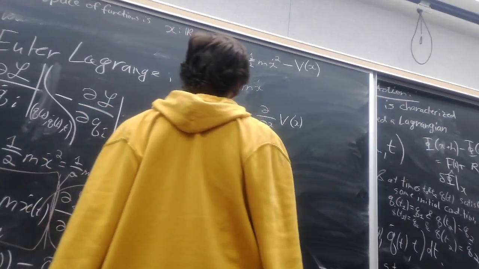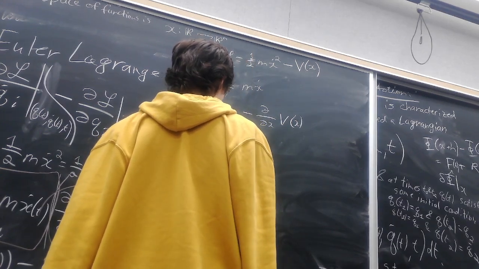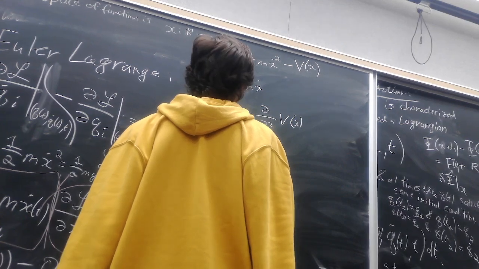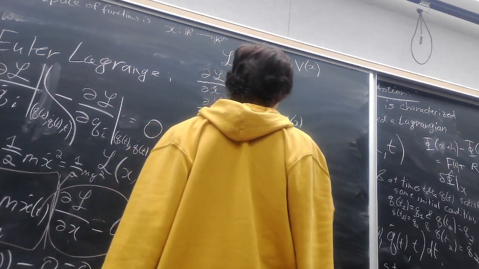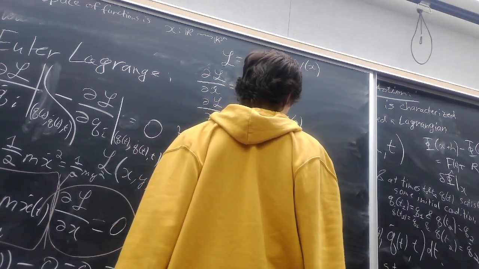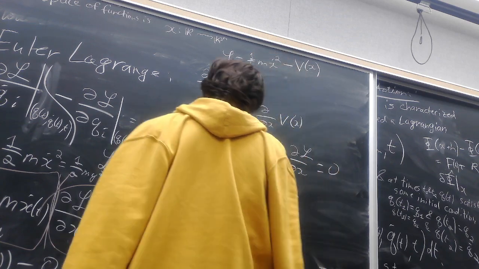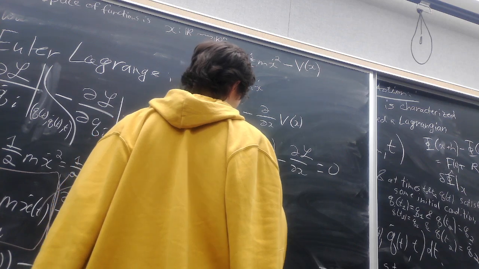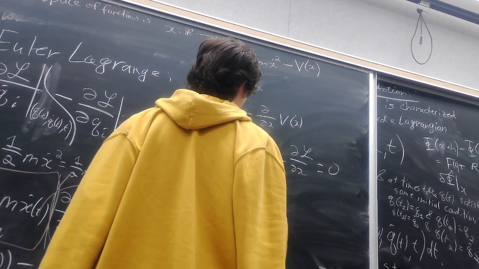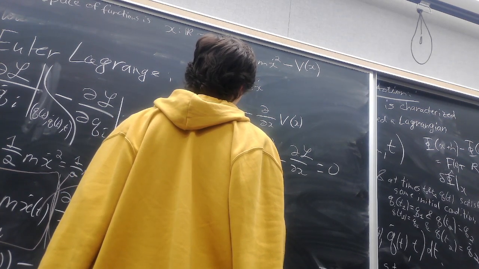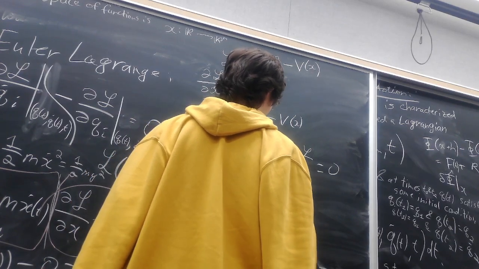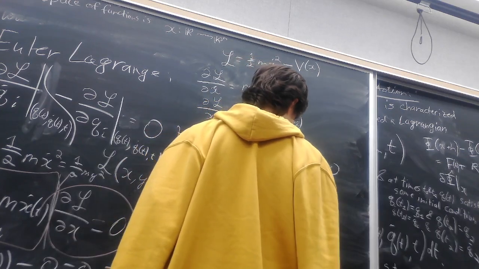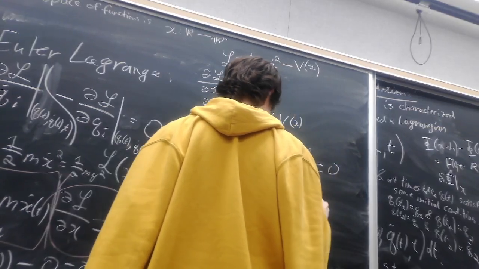Now I write down the Euler-Lagrange equation, d/dt of partial L over partial x dot, minus partial L over partial x, equals 0. If I plug this in, I get m x double dot minus partial x of V, evaluated at x of t. Do you agree? Equals 0.